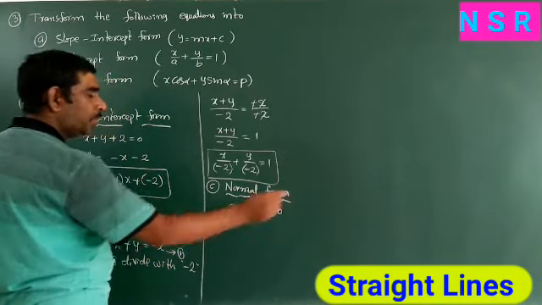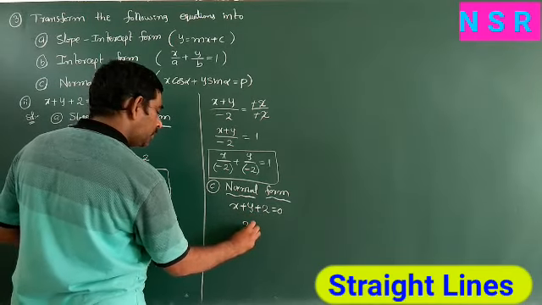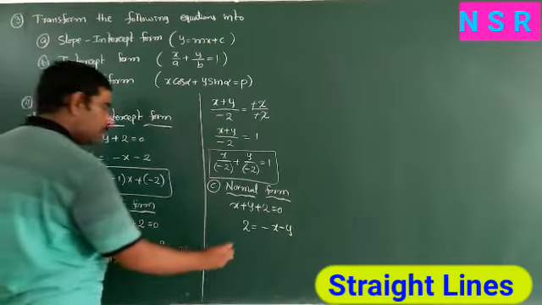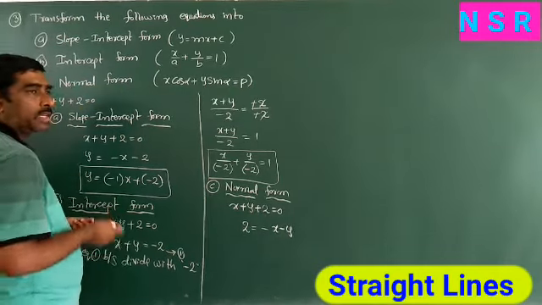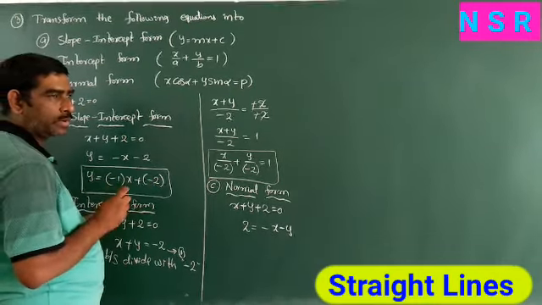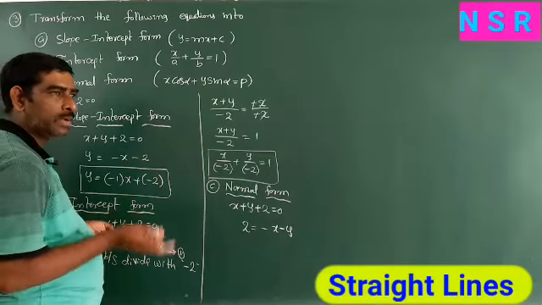Observe here, the constant value c is plus 2. So now write 2 is equal to minus x minus y. Why are we moving x and y here? Because if we move the constant outside the equal sign, it becomes negative, but here the constant is positive. If moving the constant outside, it becomes minus.